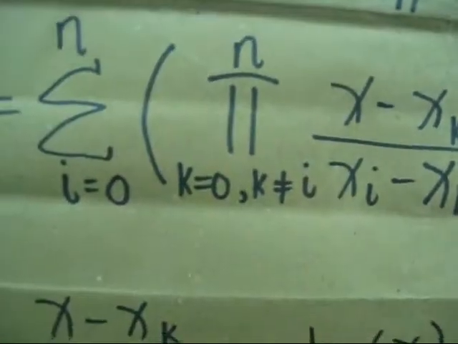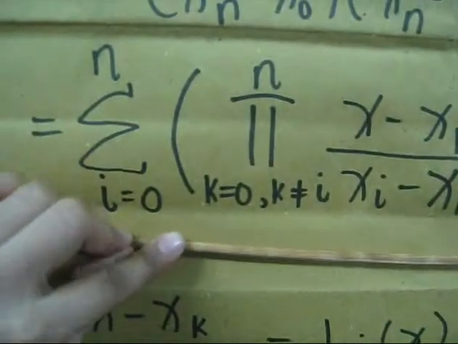To sum up this part of the equation, we have f of x is equal to this value.